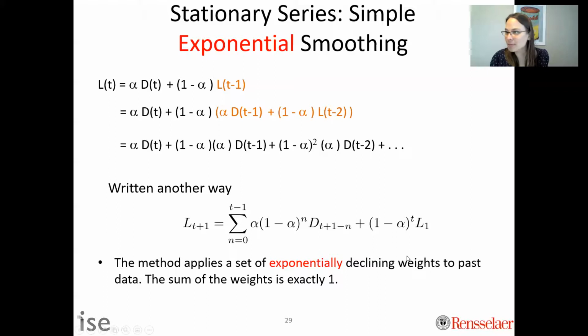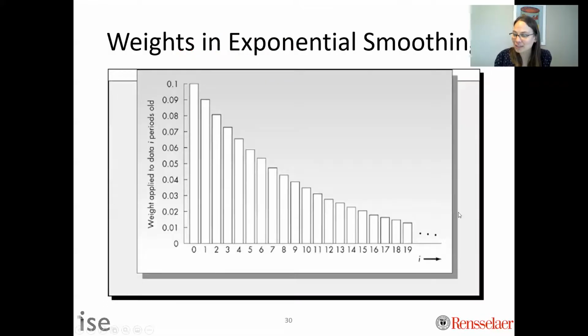Mathematically that might be hard to see, but graphically, the one that's closest to me, at 0, gets the highest weight, and everything else gets exponentially decreasing weights. That's what this model is doing. The weights would sum to 1. So it's a creative, smart way to take an average, but not a simple average.